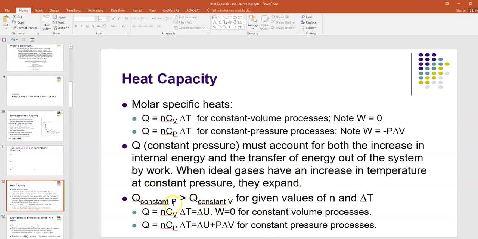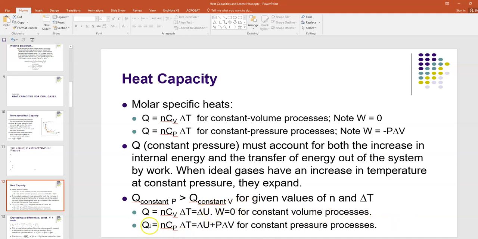So let's talk about the math of that. You're going to have a heat for constant pressure that's greater than your heat for constant volume for given values of n and ΔT, moles and change in temperature. Showing that, Q equals n C_V ΔT, and here Q equals ΔU because the work is equal to 0.